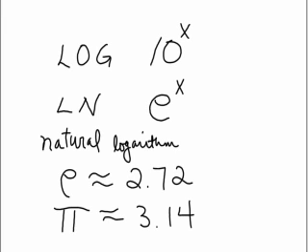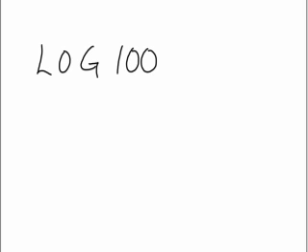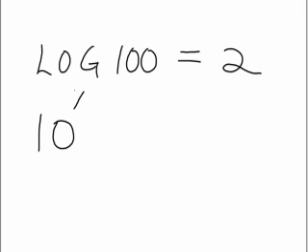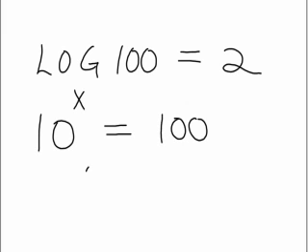Now, let's talk about what these logarithms actually mean. I'm going to give you an example. Log of 100. If you were to do this in your calculator, it would come out to be the value 2. And that goes back to what power you raise a base of 10 to get 100. Well, in this case, the value would be 2.